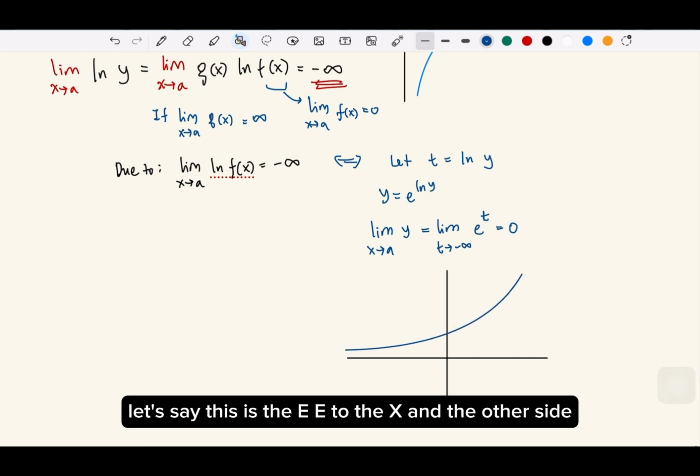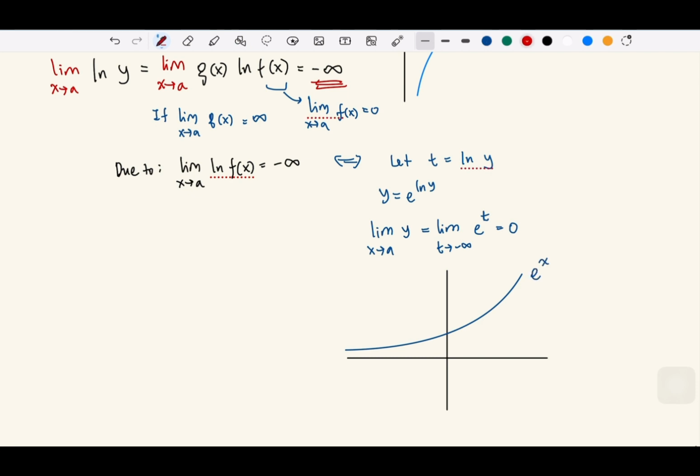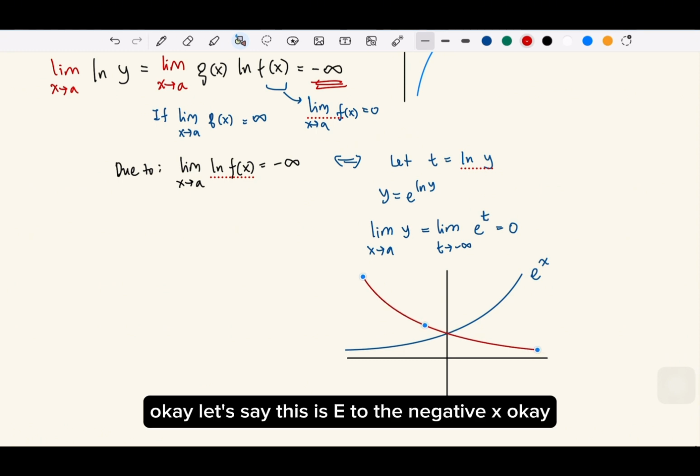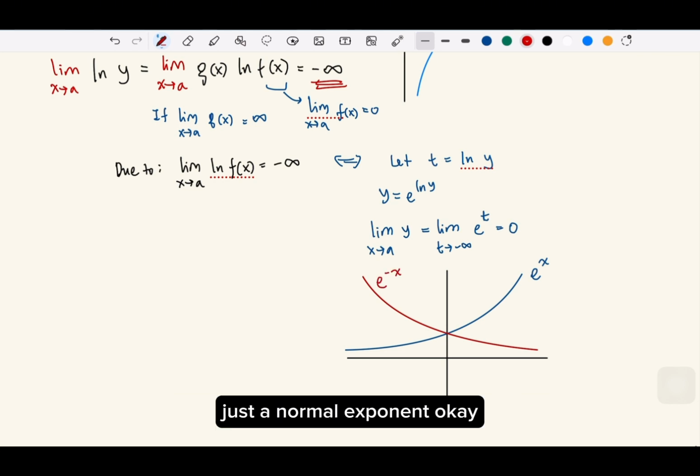Let's say this is e to the x, and on the other side, this is e to the negative x, just a normal exponent.